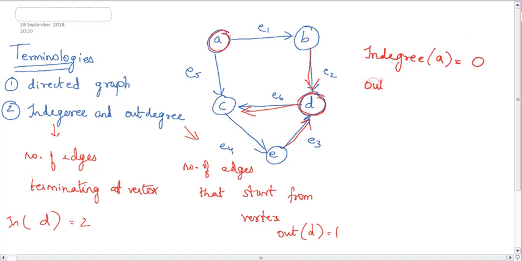Now the out degree is nothing but the number of edges starting from vertex A. From A, there are two edges starting, one is E5, the other is E6. Therefore, 2 is the out degree.